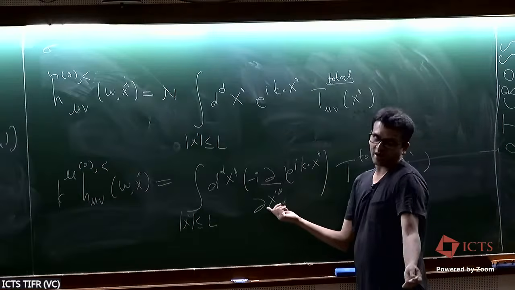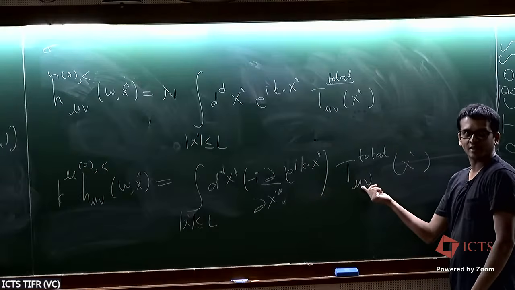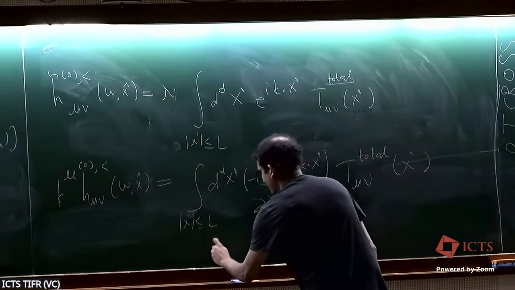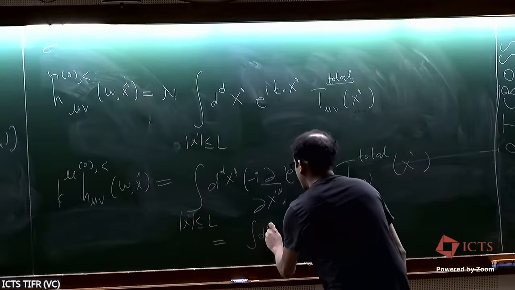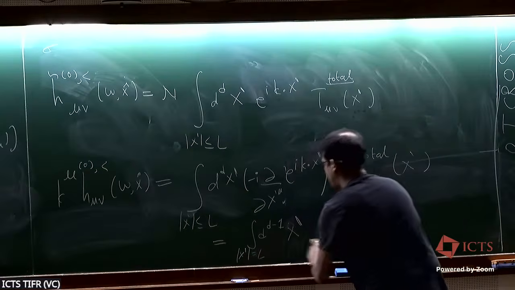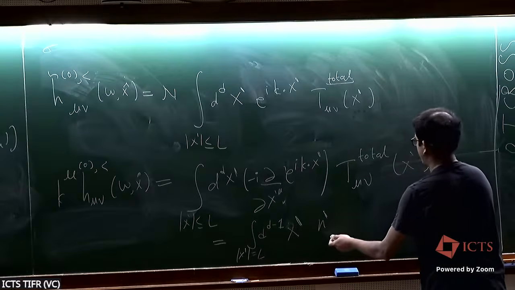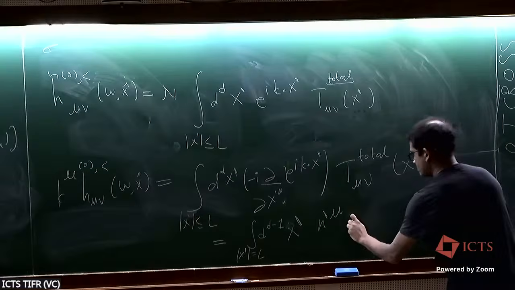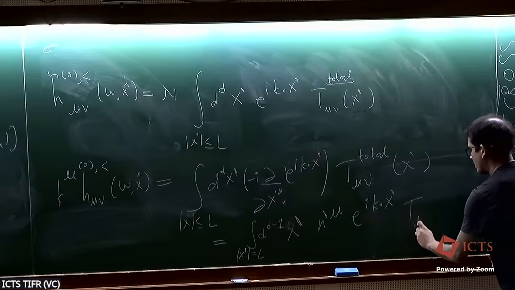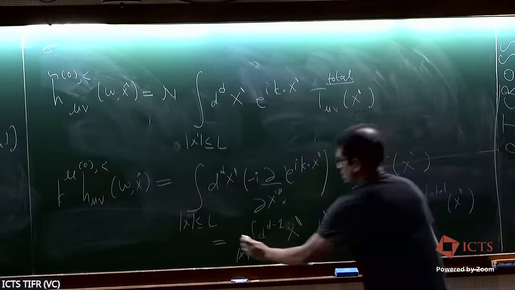Now you can integrate by parts, but if you integrate by parts, when this hits this guy, it is 0 because of the local stress tensor conservation. So the only term that survives is the term that comes from the boundary term. So that means the only term we get is n'^μ, and there's an i here.